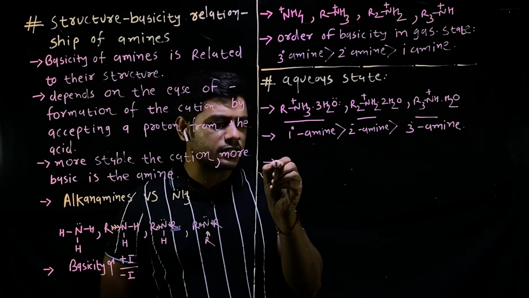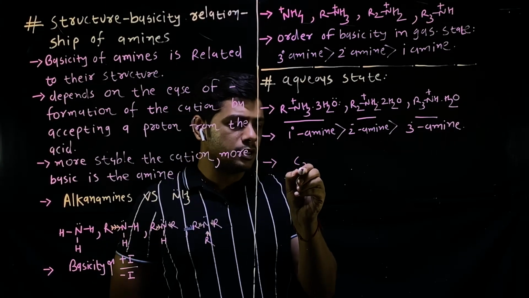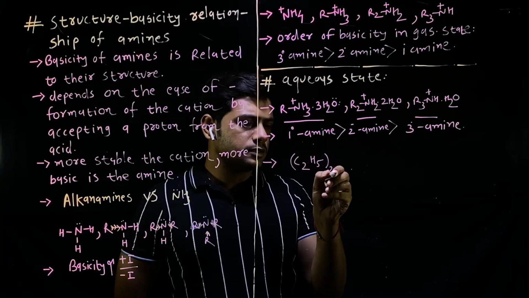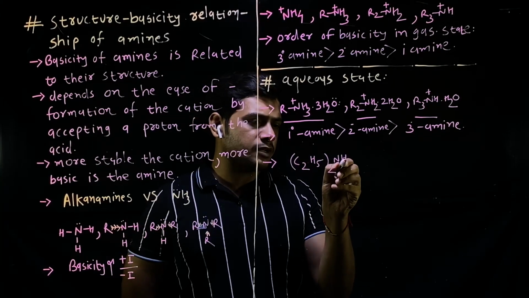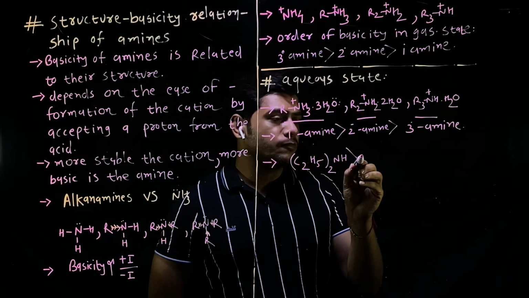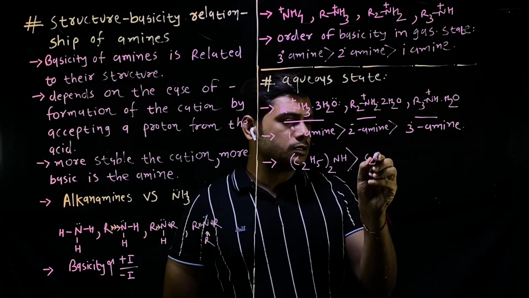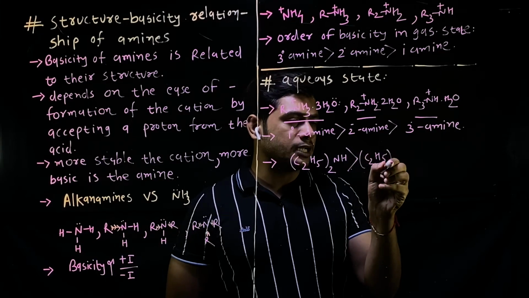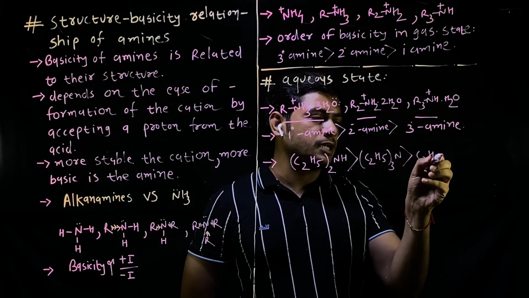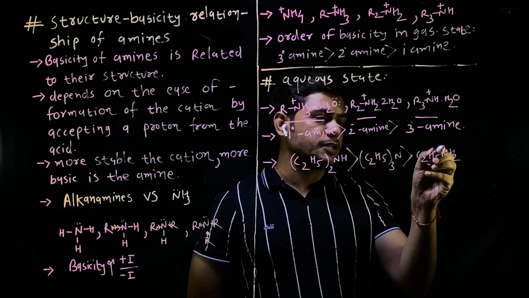First one is ethyl substituted amine. It follows the order: secondary ethyl substituted amine is highest basic, then tertiary ethyl substituted amine, then primary ethyl substituted amine.